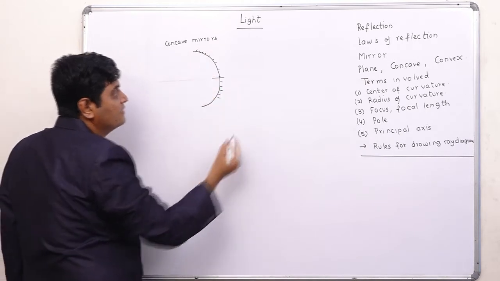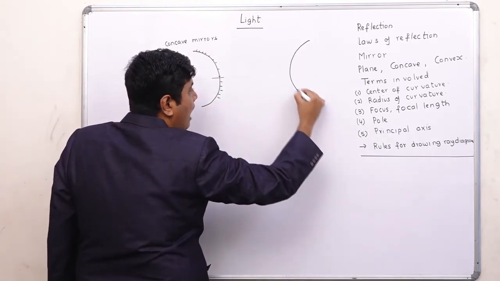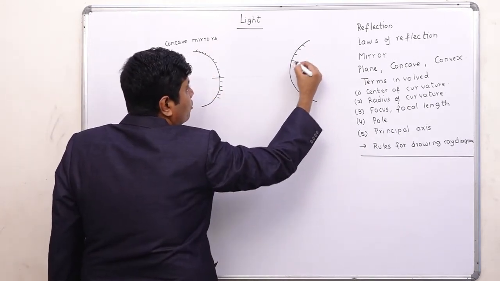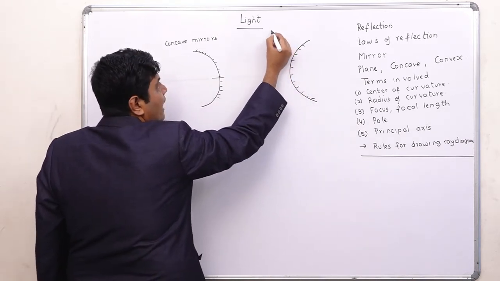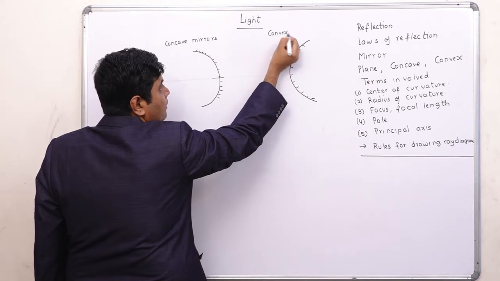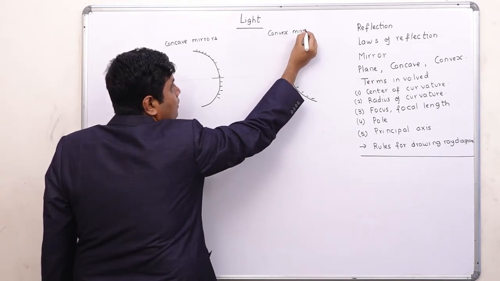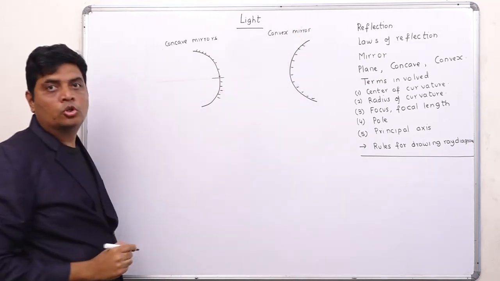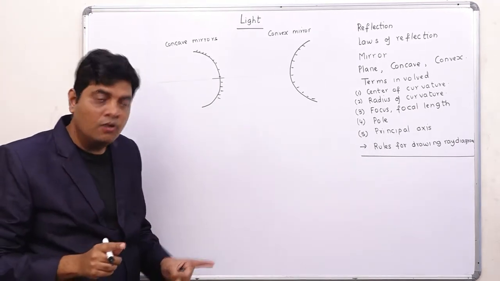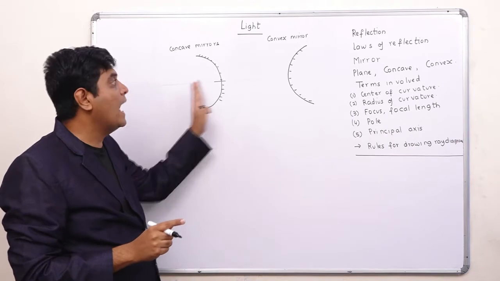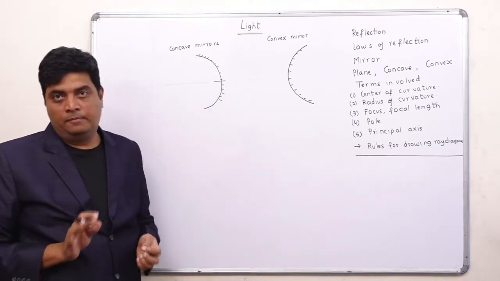And if your reflecting surface is curved outside, then it is known as a convex mirror. So the law of reflection holds true for plane mirror, for concave mirror as well as for convex mirror.